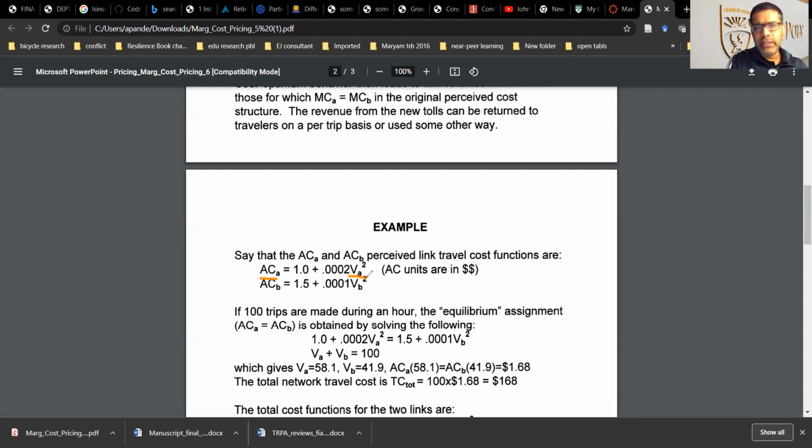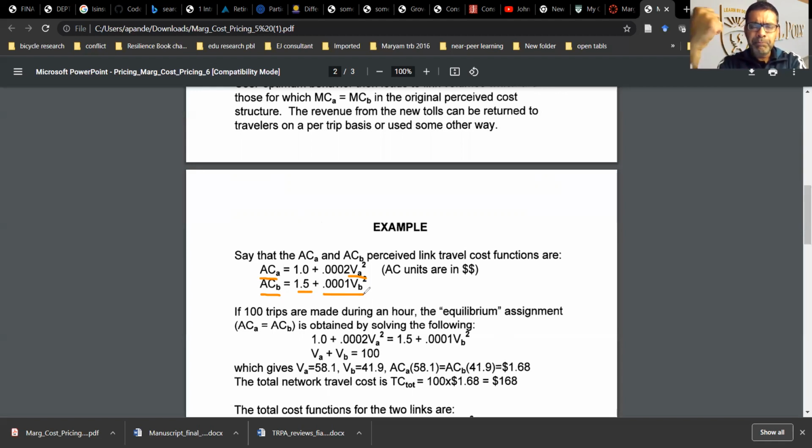So the number of users defines what the average cost for each individual driver is going to be. So your average cost on route A is 1 plus 0.002 VA squared. And average cost on route B is 1.5 plus 0.001 VB squared.